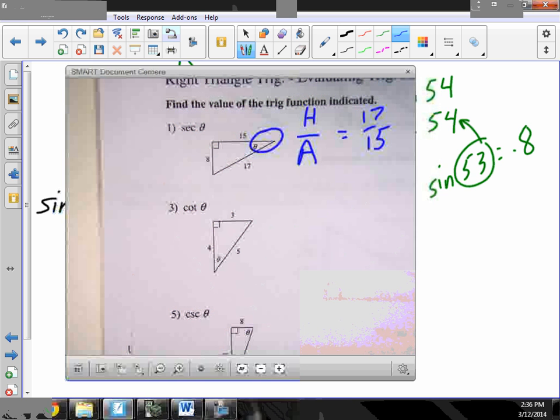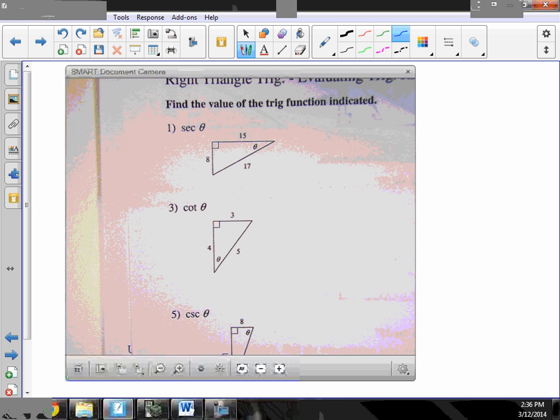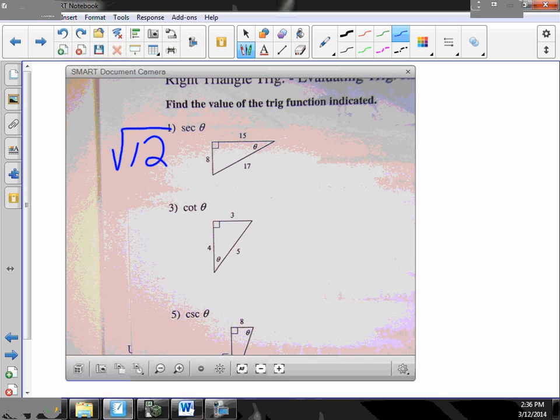All right, we need to do just a little bit of review. What if I had the square root of 12 over 2? Can I simplify that further? Well, can we change the square root of 12? We can factor it and see if it has any pairs.